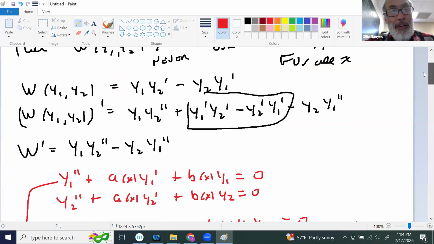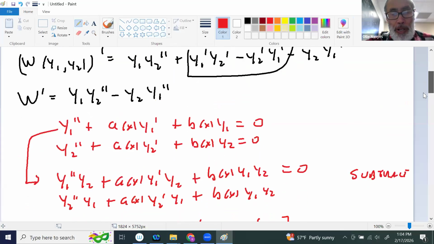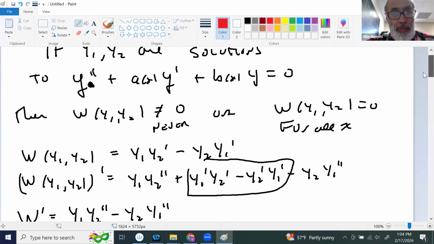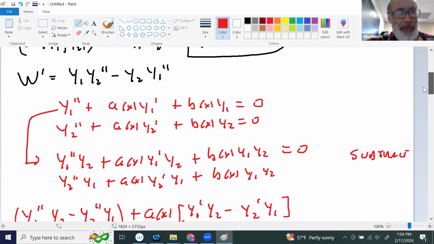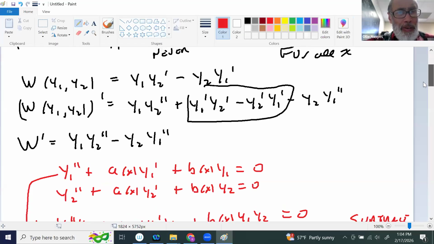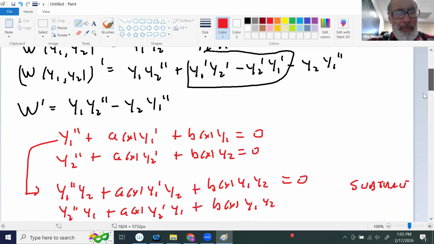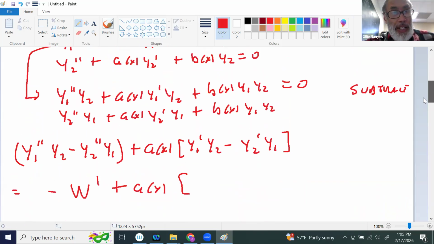And look at what we have here. The Wronskian's y1, y2 prime minus y2 prime, y1. Let me just double check that I got this right.